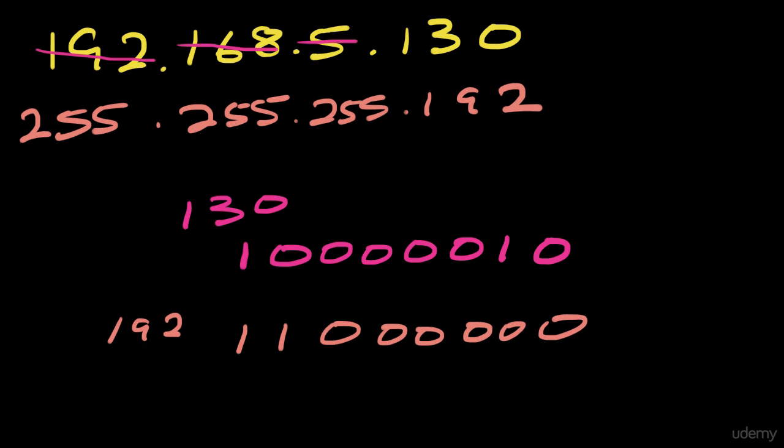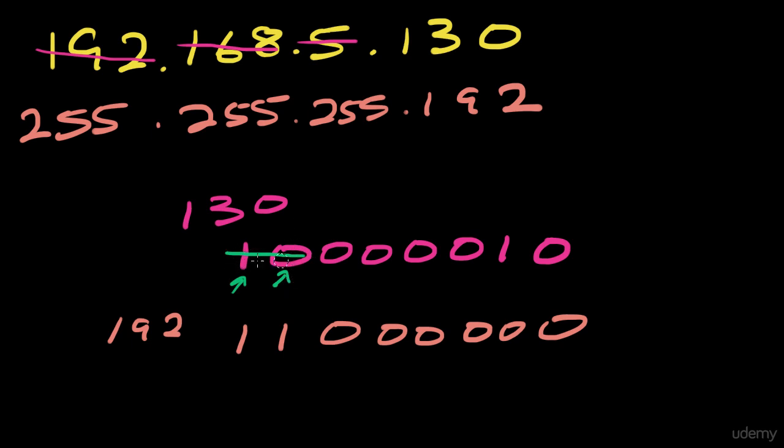So again, this subnet mask, imagine these ones in the subnet mask are pickets in a fence, and these zeros are the parts of the fence that got kicked down. These two ones are covering these 2 bits, and the rest of the bits here are left uncovered. The end result is that the value of these 2 bits is part of network ID. What are these 2 bits? Well, this is 128, and we have a 1 there. This is 64, and we don't have a value there, so we ignore this column.